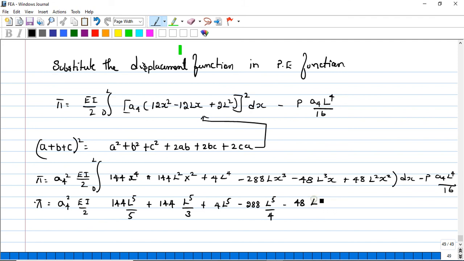So again L raised to 5 by 2 plus 48 L cube by 3, that is L raised to 5 by 3 minus P into A4 L raised to 4 by 16. So this will be within bracket, okay.